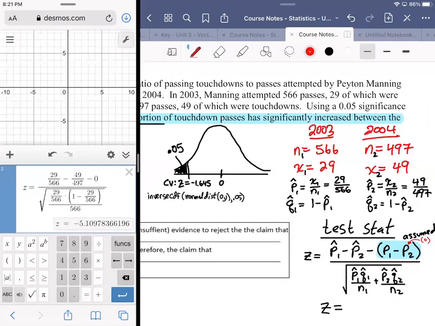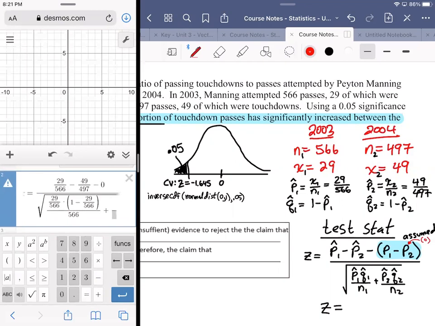Then we got to add to this, still within the radical, everything associated with p hat 2. So another fraction within a fraction, 49 over 497 times 1 minus that. And the only reason I'm writing 1 minus that is because I don't want to actually figure out what 1 minus the 49 over 497 is.